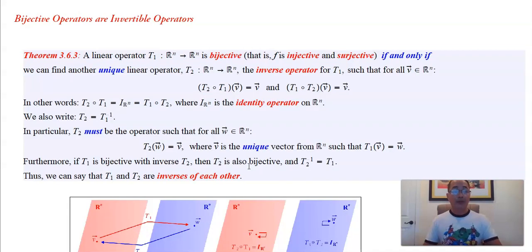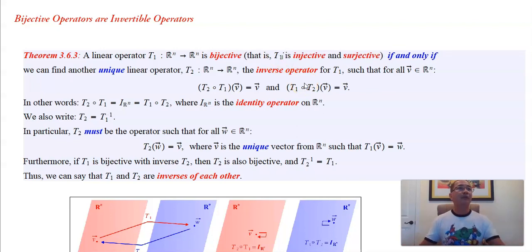So let us now rewrite our main theorem for bijective functions in terms of linear transformations, or as we just said, operators. A linear operator T1 from Rn to Rn is bijective. Okay? That is, the function T1 is injective and surjective.